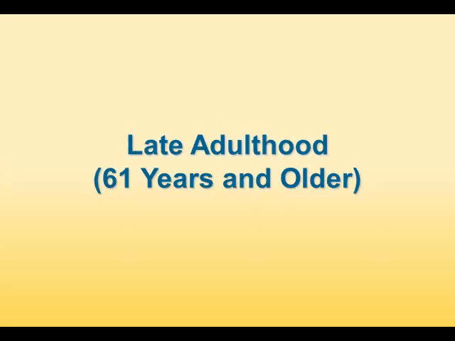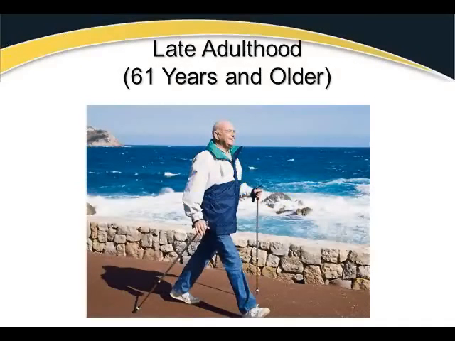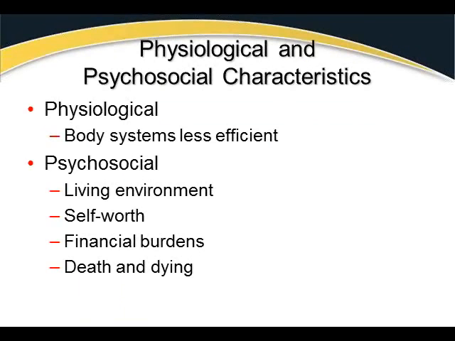So, later adulthood, ages 61 and older. Vital signs will depend on physical condition and health. They may or may not be in the best physical condition or health. It depends a lot on how they've lived their life up to this point. The cardiovascular system is much less efficient. Volume of blood decreases. The respiratory system deteriorates.